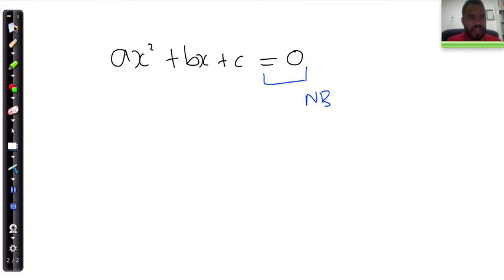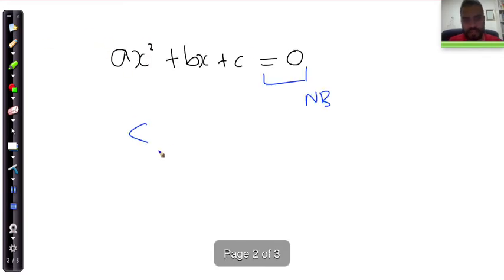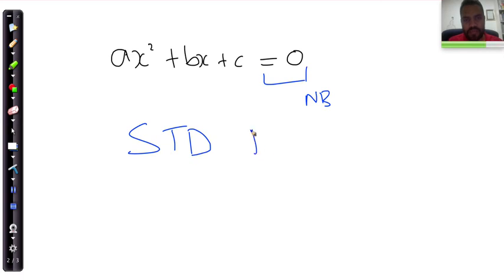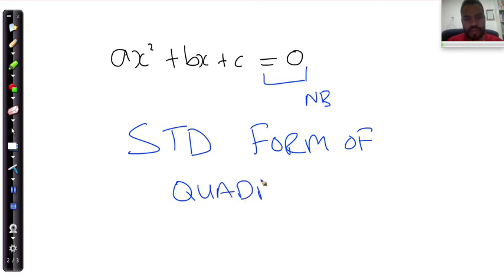So before I continue, I've shown you the standard form, and let's just label that. We are talking about the standard form of a quadratic equation.